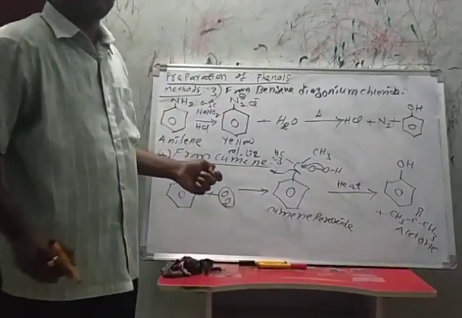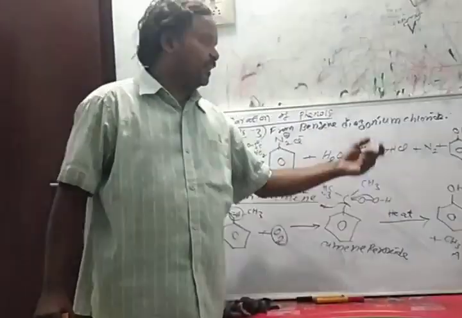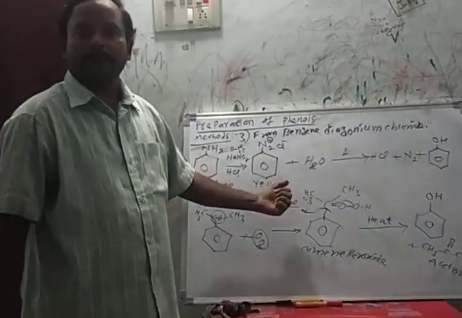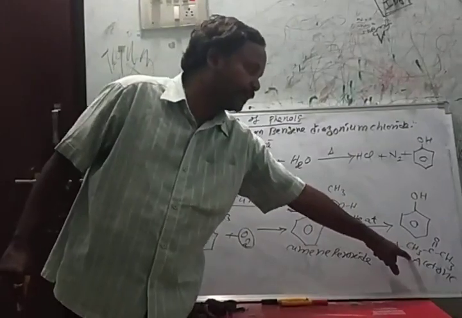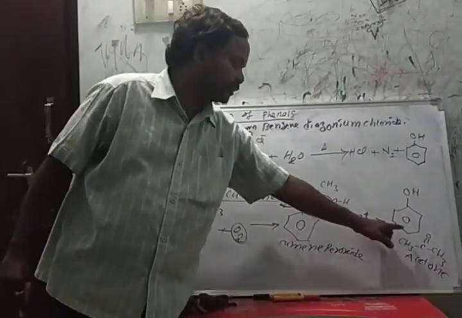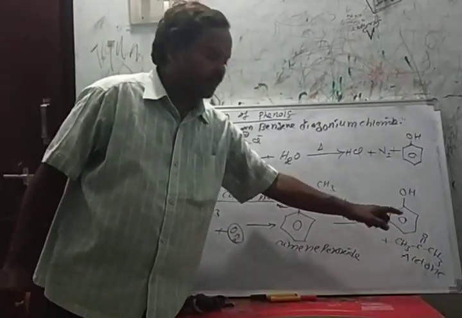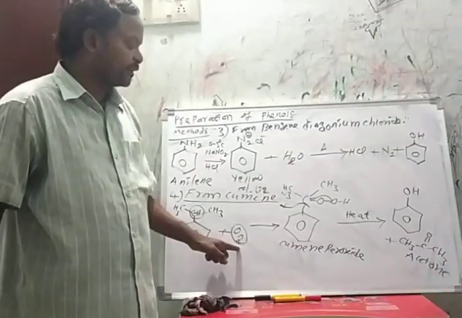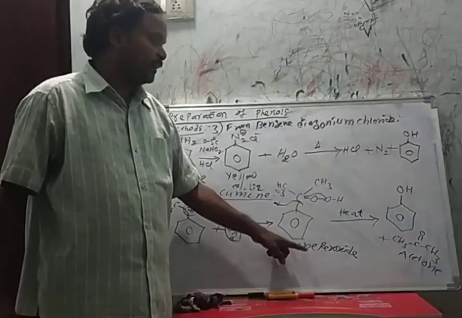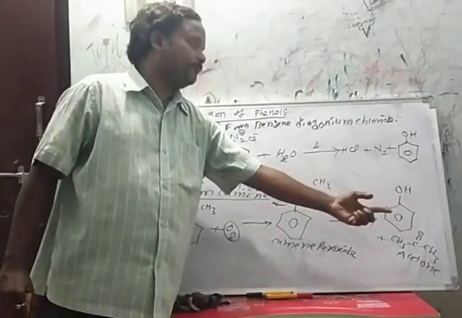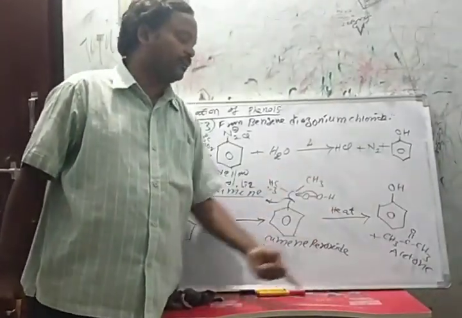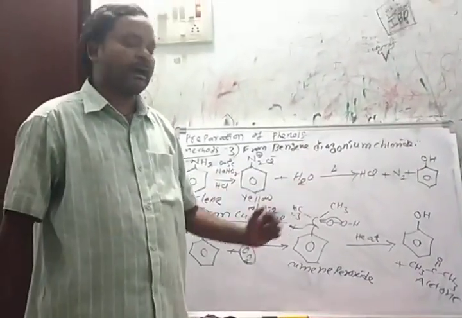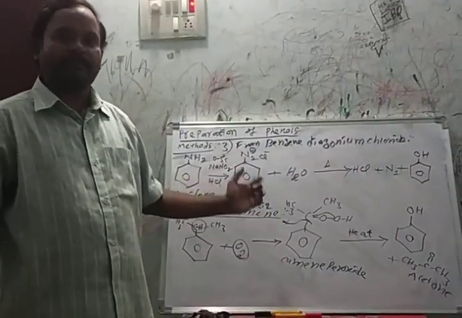Sometimes they may ask which byproduct is formed along with phenol when you are preparing phenol from cumene. Acetone. First cumene reacts with oxygen, forms cumene peroxide, then on heating forms phenol, and along with the phenol, acetone is formed. In this reaction, acetone is the byproduct.